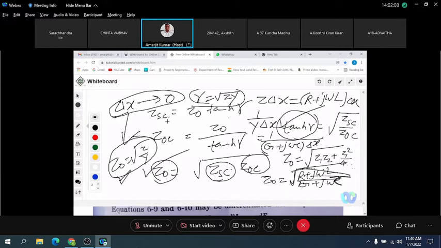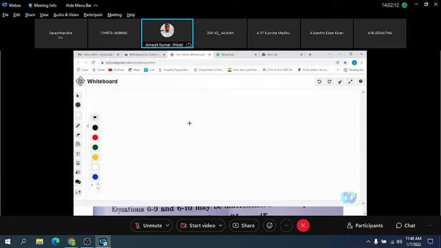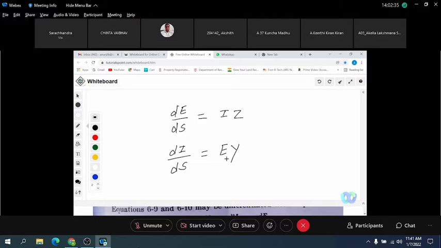So now we can use this. dE by ds is equal to I into Z, and dI by ds is equal to E into Y. We have to calculate voltage and current.